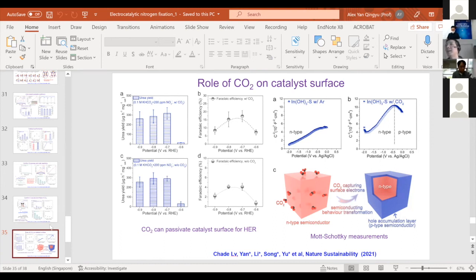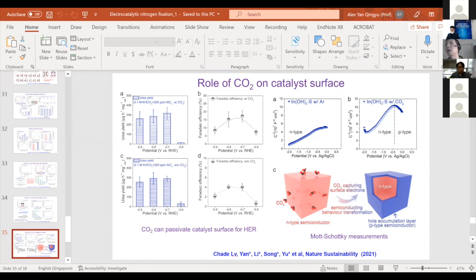And second, we also checked the carbon dioxide reduction. It's very interesting. On the carbon side, we don't see any side products, while on the nitrogen side, we do see a few different side products that affect the total final Faradaic efficiency.